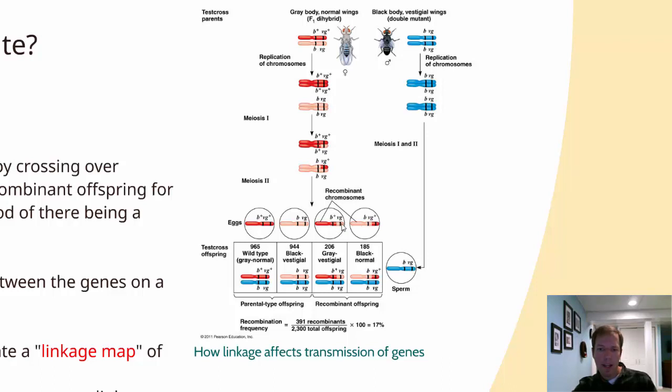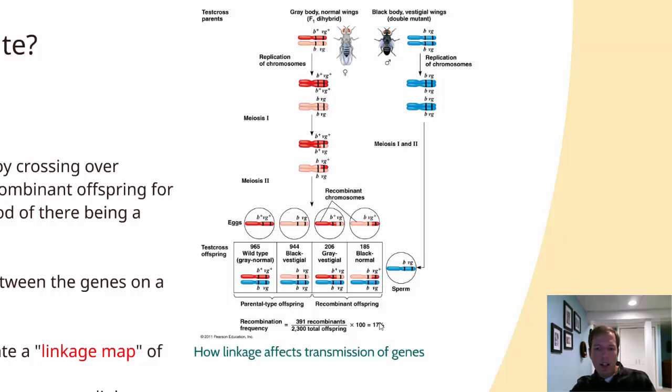So if the red versus the peach there was representing maternal and paternal chromosomes, when crossing over occurred during meiosis, that actually swapped, and you can see where the B plus and the B did separate from the VG plus and the VG there on those chromosomes. So any individuals who got those recombined chromosomes would actually end up with a new combination of traits as a result.